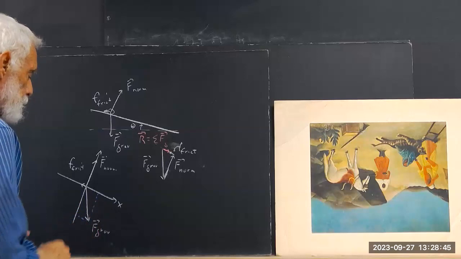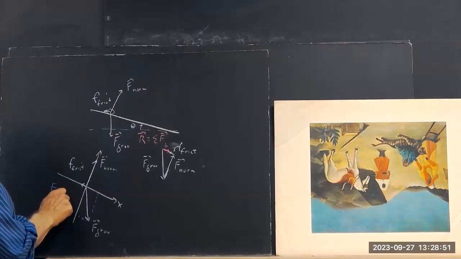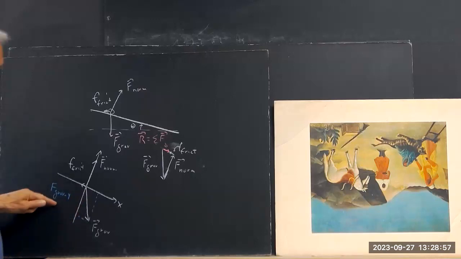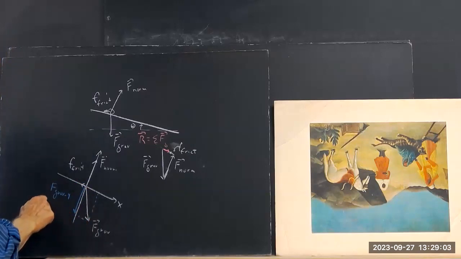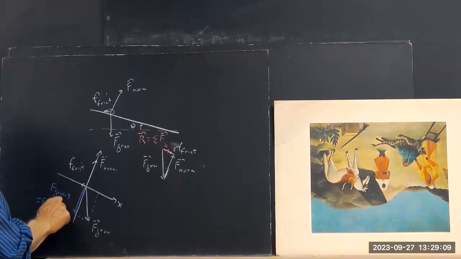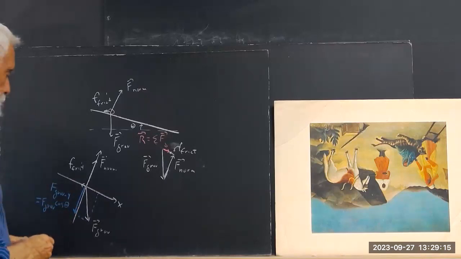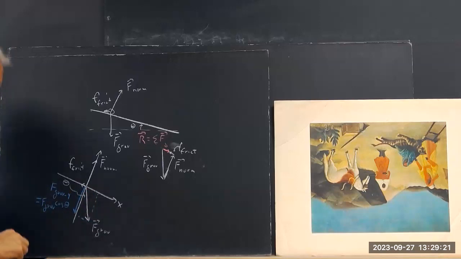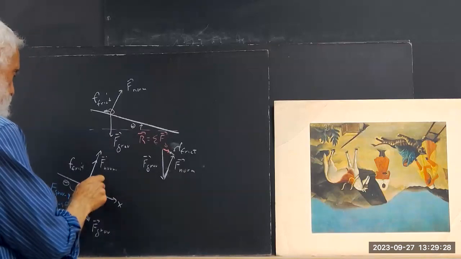I replace the gravitational force by the gravitational force in the Y direction, which of course equals F gravity cosine theta, this angle being theta. The X component.